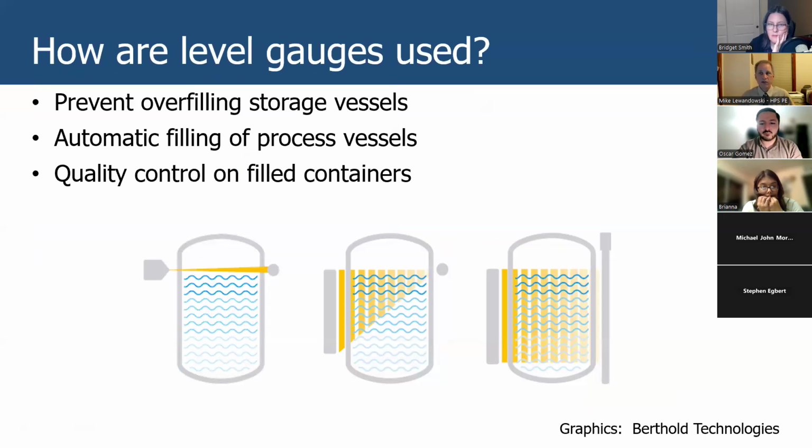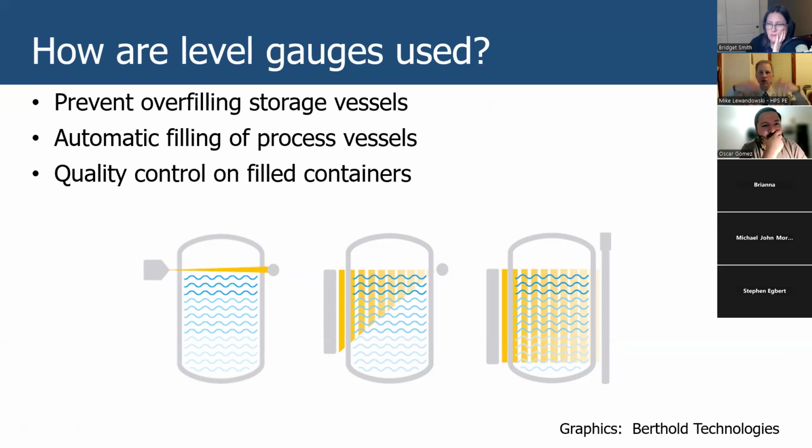So how are these level gauges used? I've talked about preventing overfilling and automatic filling of process vessels. Another way to think about this is that there's certain quality control on filled containers. So think about this as we start out with just simply looking at a point source and a detector.